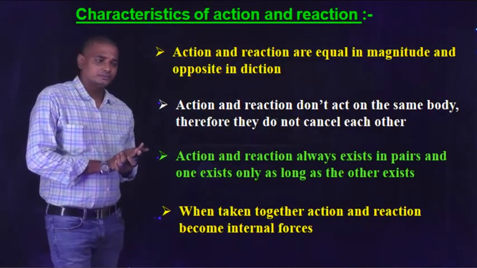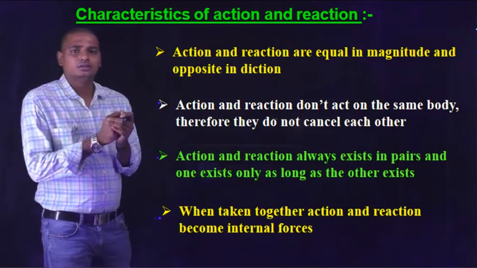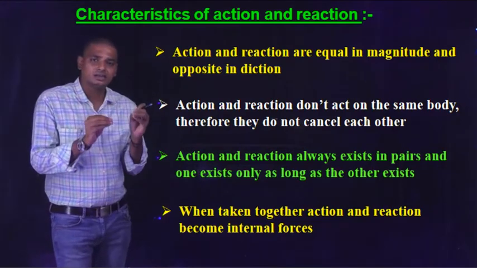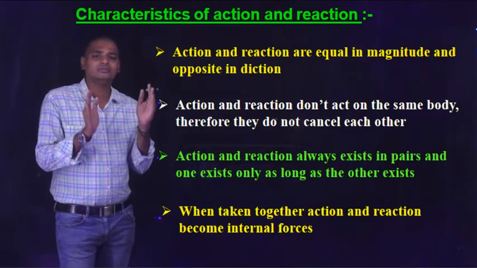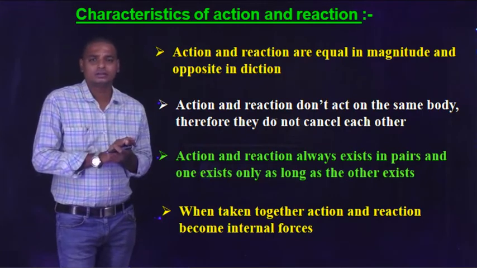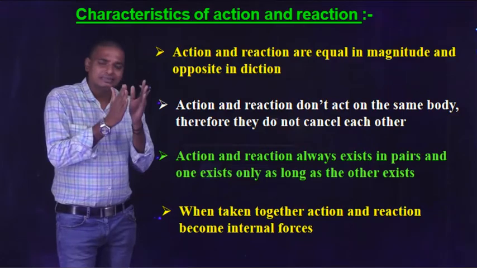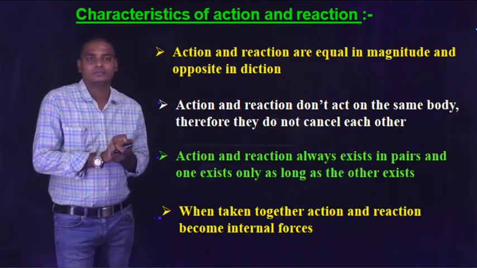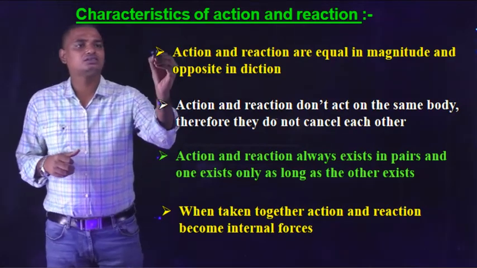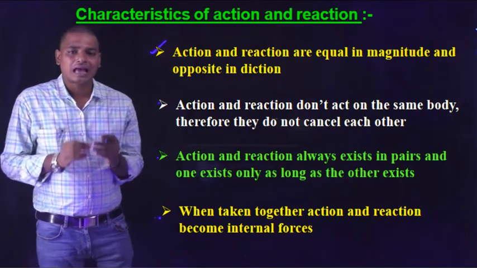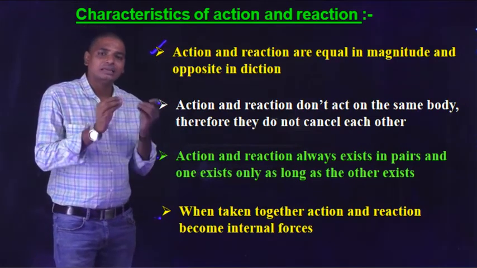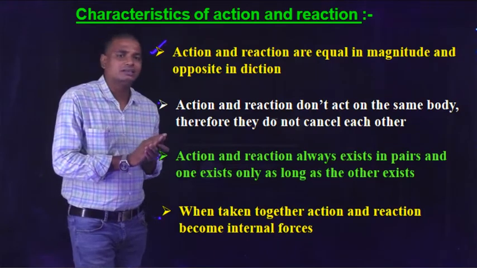Next, according to Newton's third law, which says that for every action there is an equal and opposite reaction, let us see the characteristics of action and reaction. The first characteristic says that action and reaction are equal in magnitude but opposite in direction.